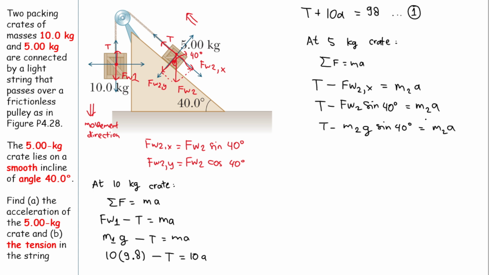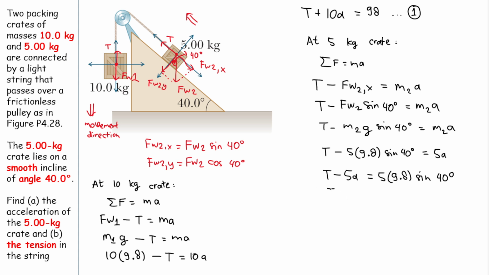Okay, now let's plug in the numerical values. So I'll have T minus 5 multiplied by 9.8, and then multiplied by sine of 40 degrees, and that will equal 5A. Good. Now we can isolate this to the left hand side, so I'll have T minus 5A, and that will equal 5 multiplied by 9.8 sine of 40 degrees.